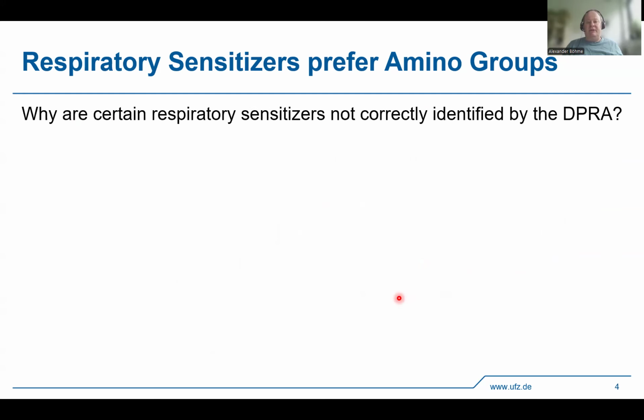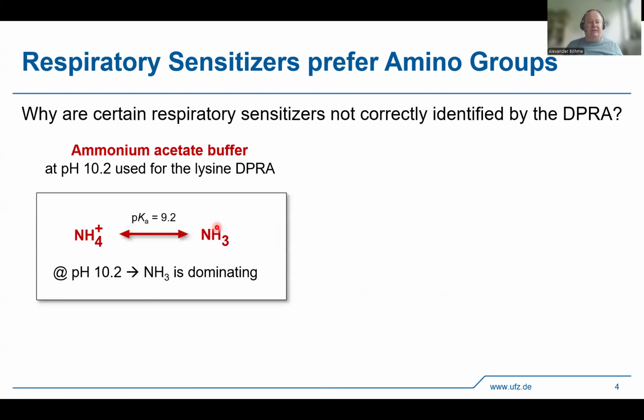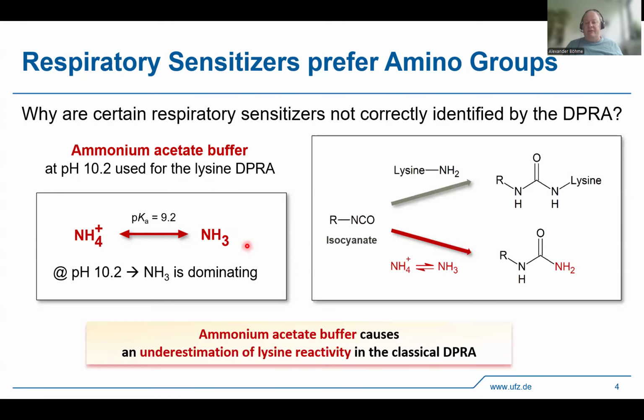So the critical question is now, why are certain respiratory sensitizers not correctly identified by the DPRA? And the answer is quite simple and technical. It's the ammonium acetate buffer, which is used for the lysine DPRA. This buffer can also form an amino nucleophile, which is in turn available to react with the test compounds.